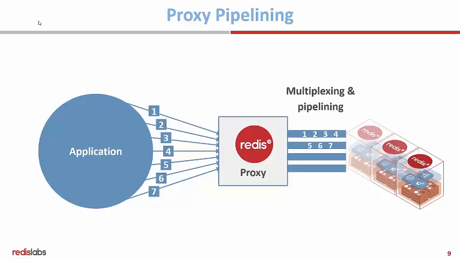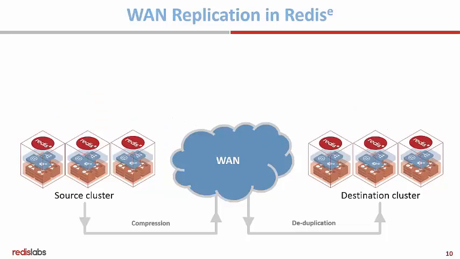So I'd like to go to the next slide and talk about one other aspect of the enterprise product in terms of scalability. We have the ability to do WAN replication in Redis Enterprise. So if I had 2 data centers that were separated by a wide area network, in the enterprise product, it's extremely simple to spin up a new cluster and say, okay, this cluster, make it basically a carbon copy of the source cluster.